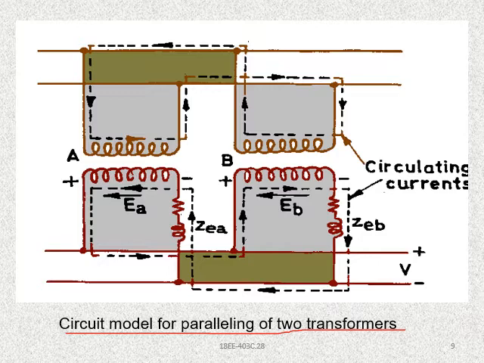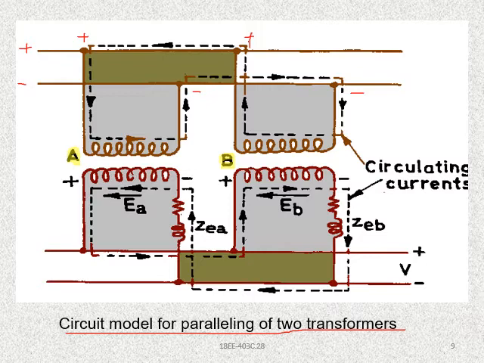You can see the two transformers over here, transformer A and transformer B. You can see here this is a positive polarity and this is a positive. The positive is connected to positive. I'll just show you. You can see this is a positive and this is a negative. This is again a positive to the second one and this is a negative. So the polarity should be same.